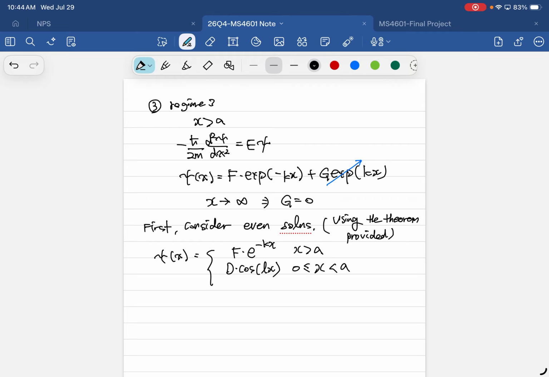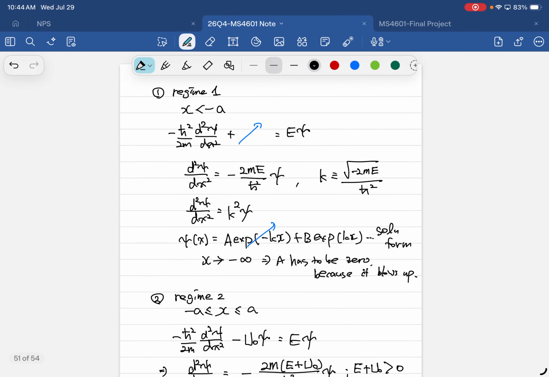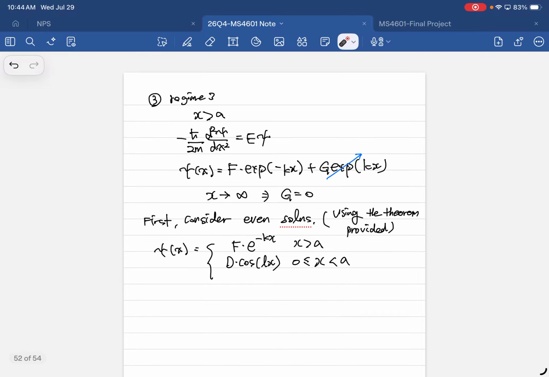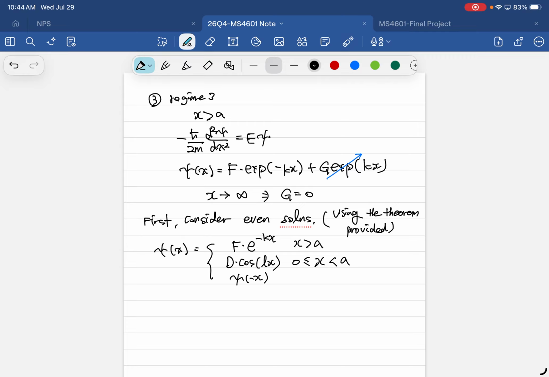Right, so this is regime 2, but look at this one: this is the expression, but we are only considering the even solutions. So what is the even part? That is cosine. So we are taking this cosine here, because that is only the even solution, and when x is smaller than 0, we can simply mirror that image.